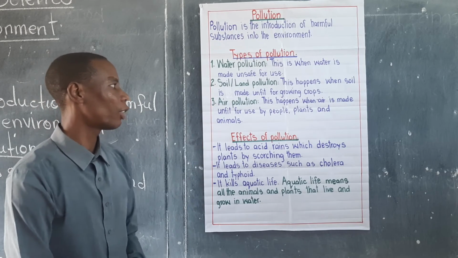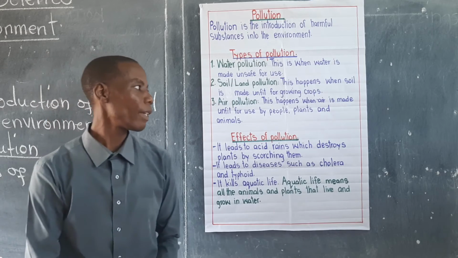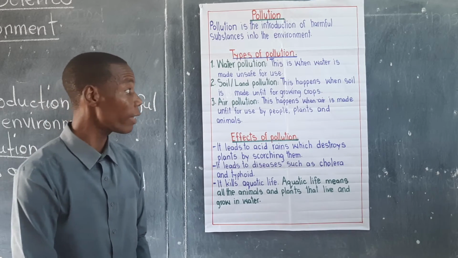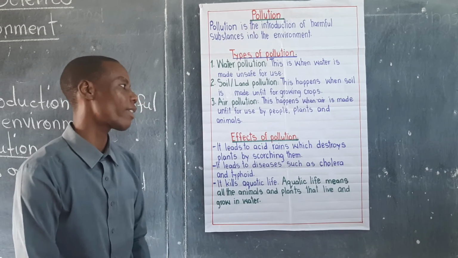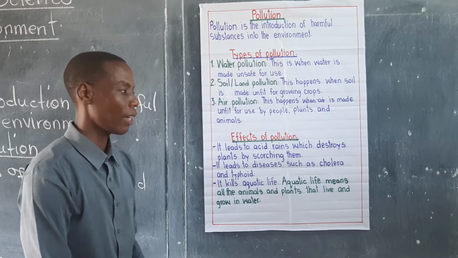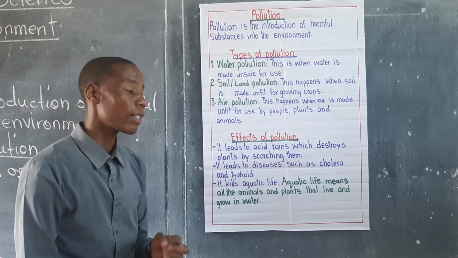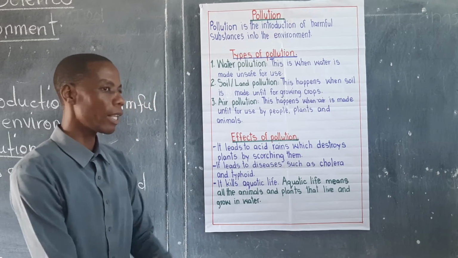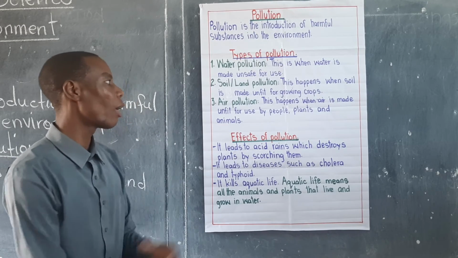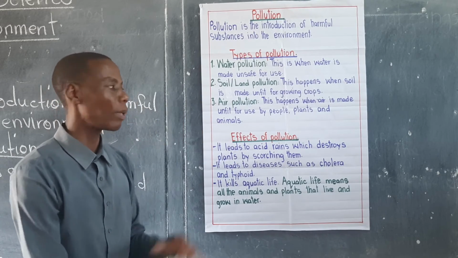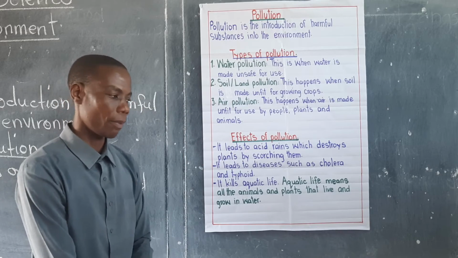We have air pollution. Air pollution happens when air is made unfit for use by people, by plants, as well as animals. People, animals, and plants depend on the air. We breathe in air. So once that air has been polluted, we will have different problems.